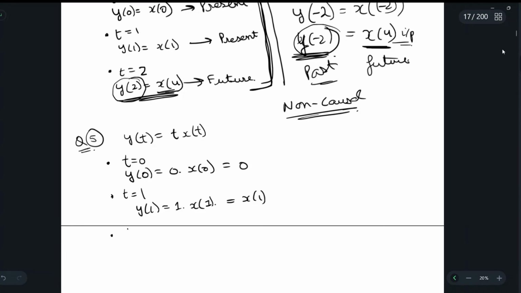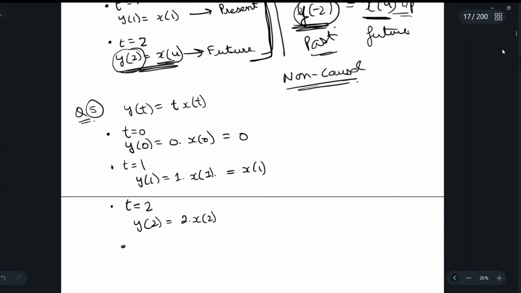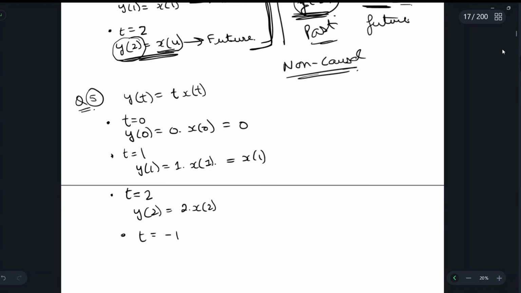And now let us put t is equal to 2. On doing so, you will get y of 2 is equal to 2 into x of 2. So now only the present values are coming. If you put t is equal to negative, suppose I say that t is equal to minus 1, then you will get y of minus 1 is equal to minus 1 x of minus 1.